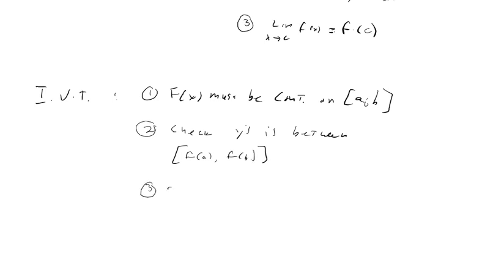And 3, you state that there is a c between a and b, where f of c equals, well, whatever, we call it k, right?